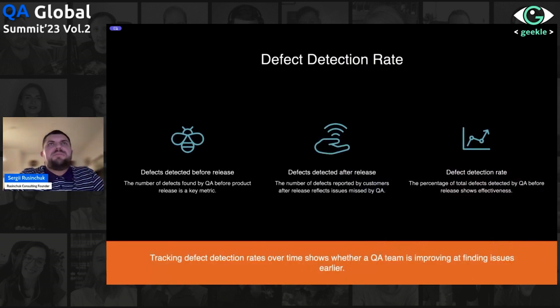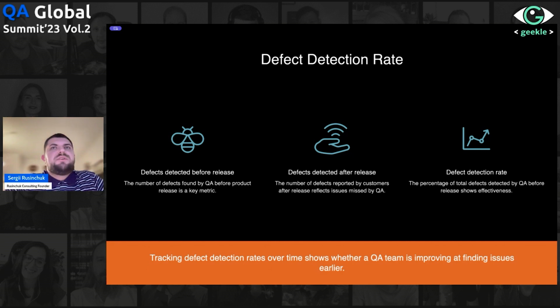The first KPI is definitely defect detection rate. For sure, every software has some defects in it, and our job here is to detect those defects as early as we can.